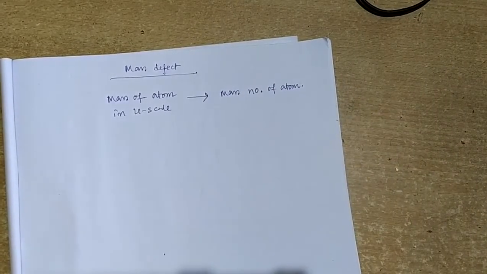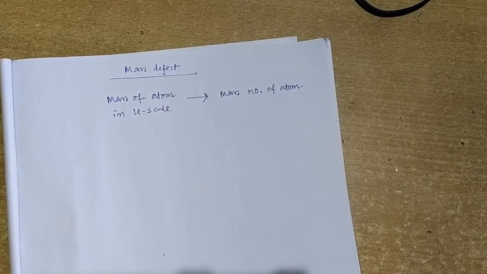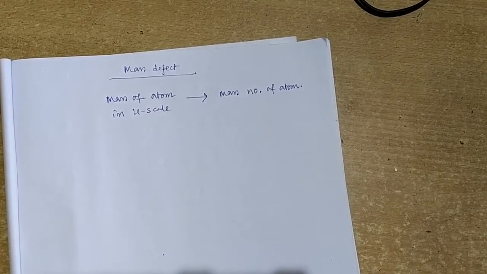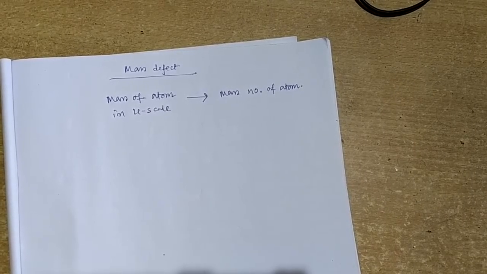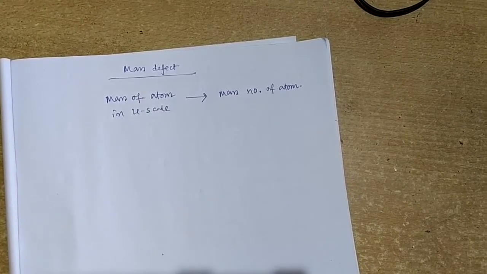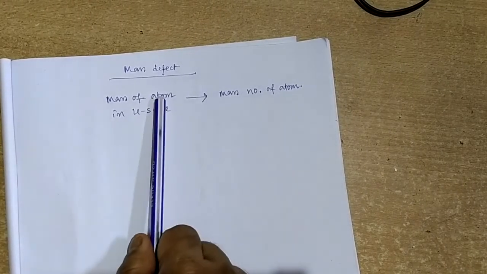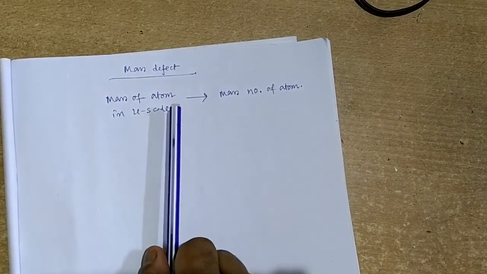Clear? And from a table we have also seen that for very light atoms with mass number less than 20, and for very heavy atoms with mass number greater than 180, the atomic masses are slightly higher than the corresponding mass number.